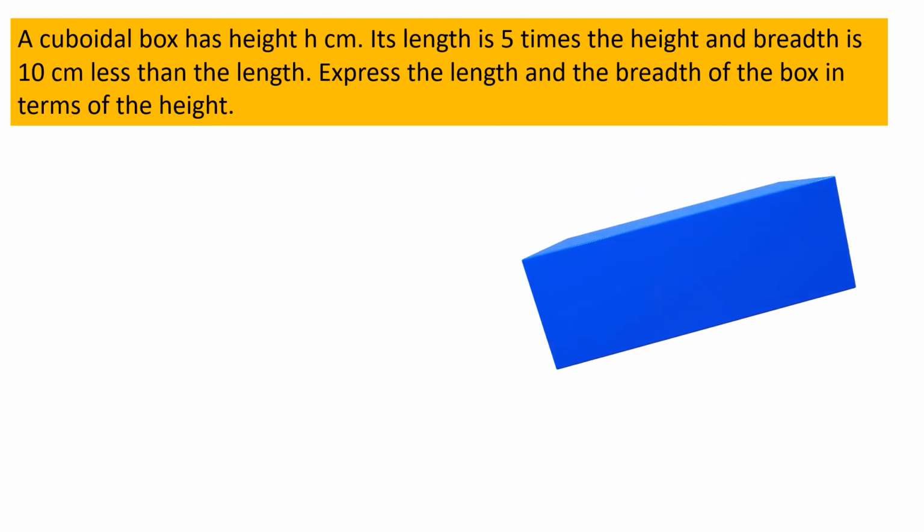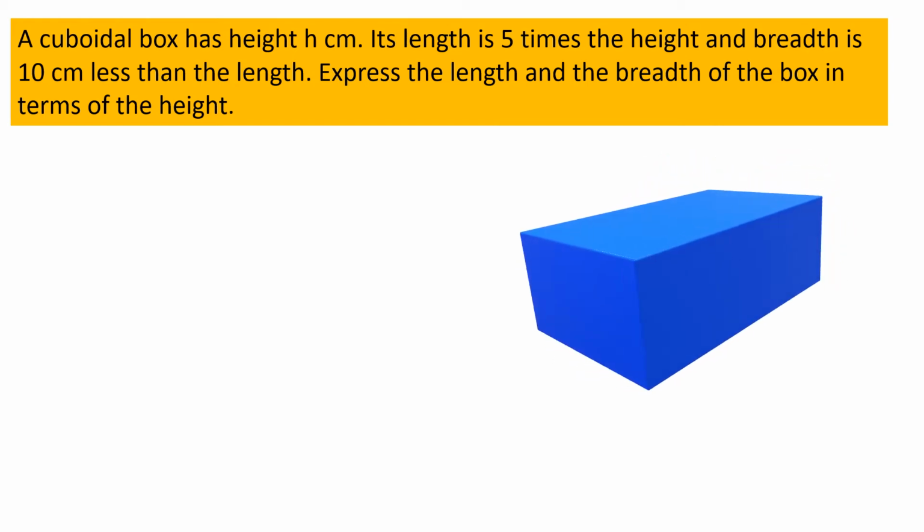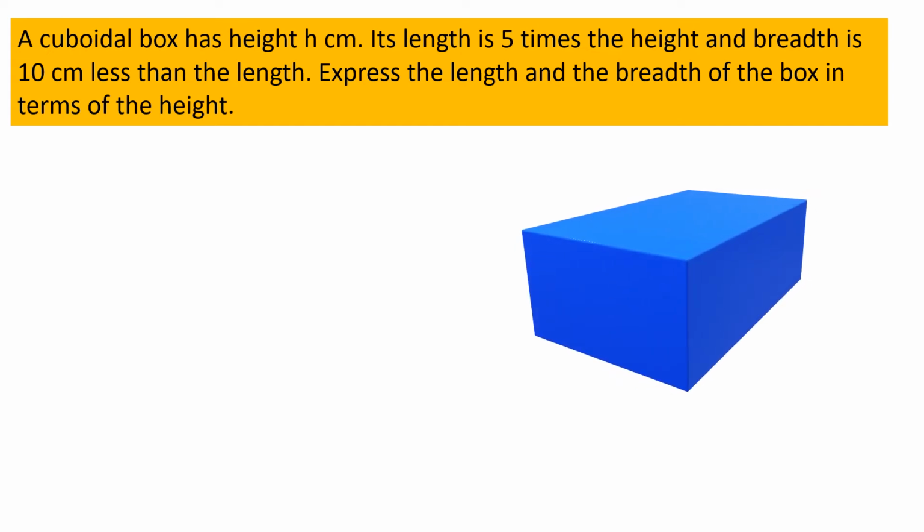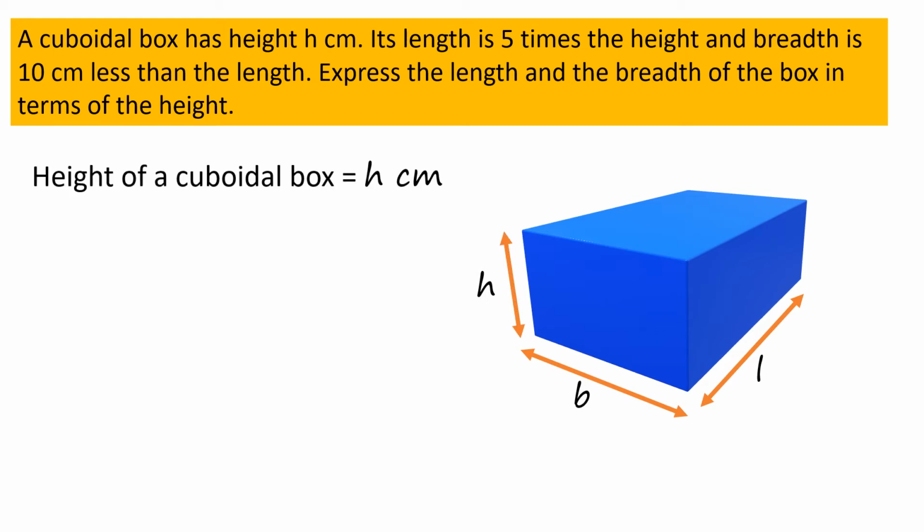You know that in a cuboid there are 3 dimensions, right? So here are 3 dimensions: length, breadth, height. And height is given to you as h centimeter. H is a variable, always remember. Now, what is the length of the cuboidal box? 5 times the height.